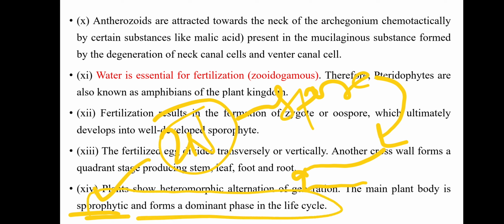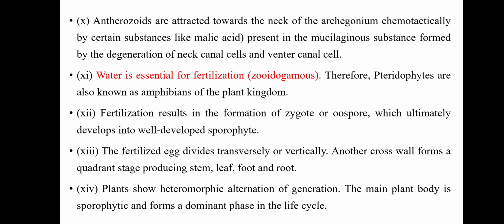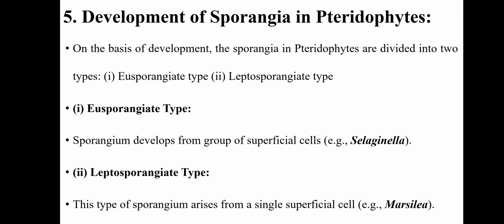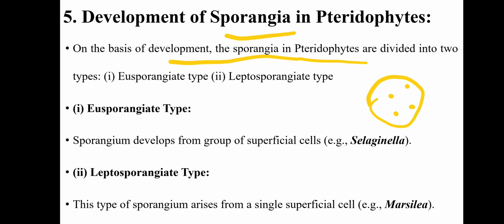So the main difference between bryophyte and pteridophyte is that in bryophyte the dominant phase is the gametophyte, but in pteridophyte the dominant phase is the sporophyte. Then, classification of pteridophytes on the basis of development of sporangia. Sporangia are specialized structures which contain spores.